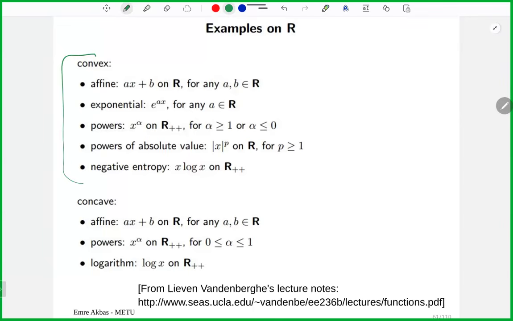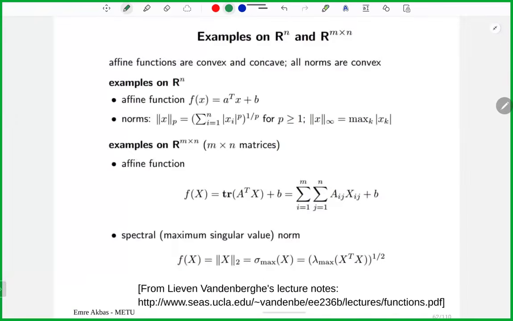You can prove that they are convex. If your loss function is composed of these functions, then your loss function is guaranteed to be convex. There are also concave counterparts. Norms are also convex. Affine functions are convex. Spectral norm is also convex.